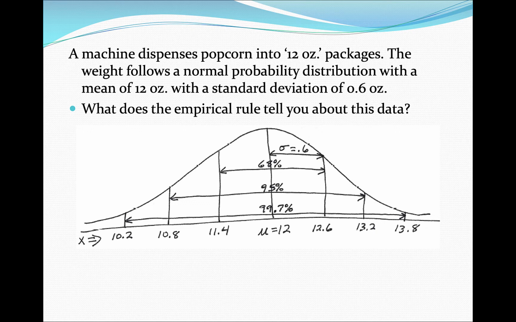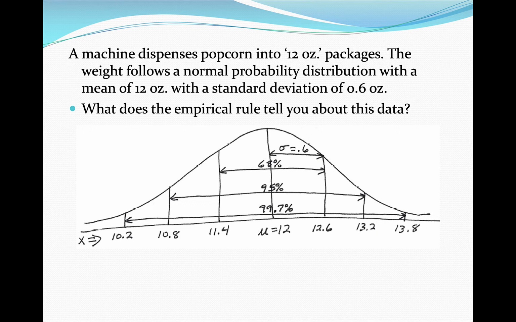We commonly increment by standard deviation. We use standard deviation lots of times as our unit of measure because it gives us a consistent unit of measure across all different kinds of analysis. So standard deviation is an important descriptive measure, but it's also very important inferentially because we use it as a unit of measure a lot in the field of statistics.